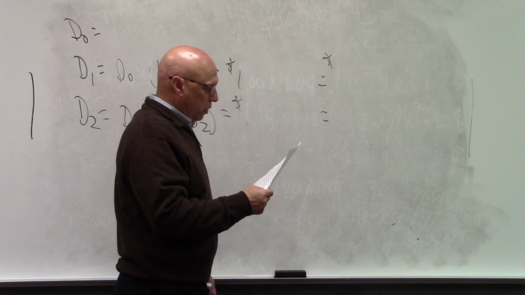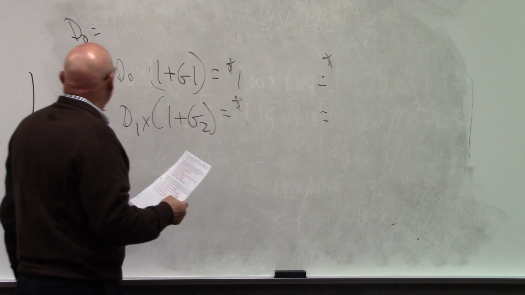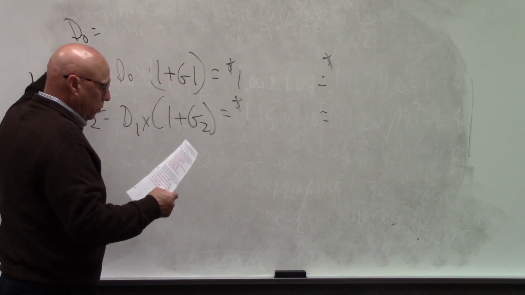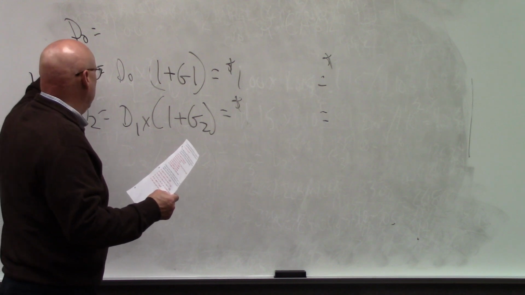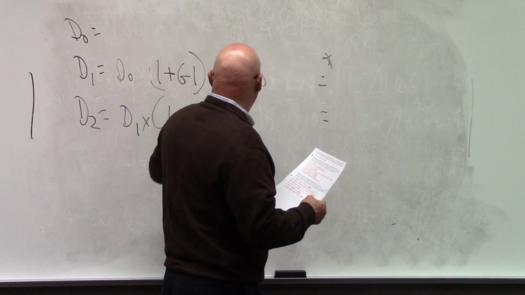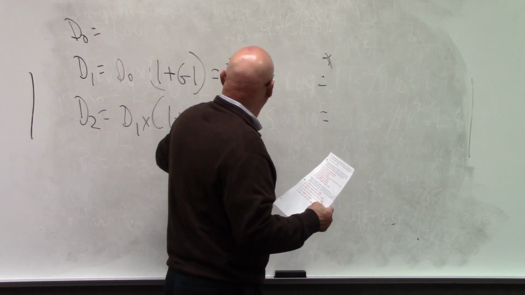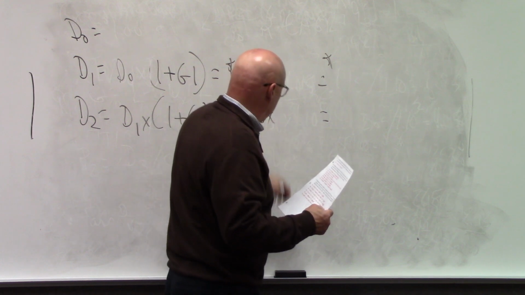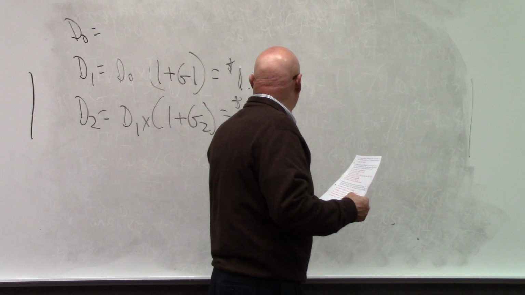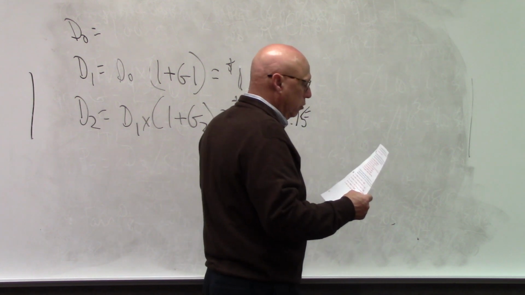Okay. The company will grow 100% in the second year. So there is no D0. There's just a D1, and then there's a D2, and that D1 is $1. D2 is $1 times 1.75, 1 plus the growth rate.